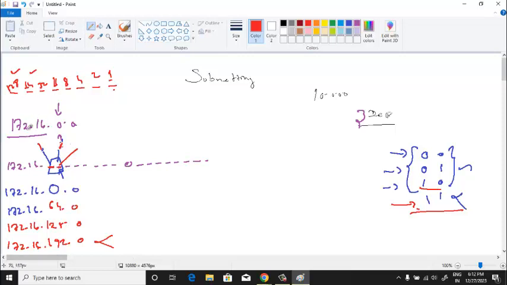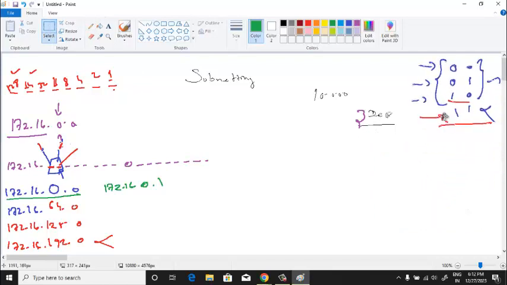Now, if this is the first department network, what is the first IP? 0.1. Now, what will be the broadcast? I'll tell you. For knowing broadcast, you need to see this next network.